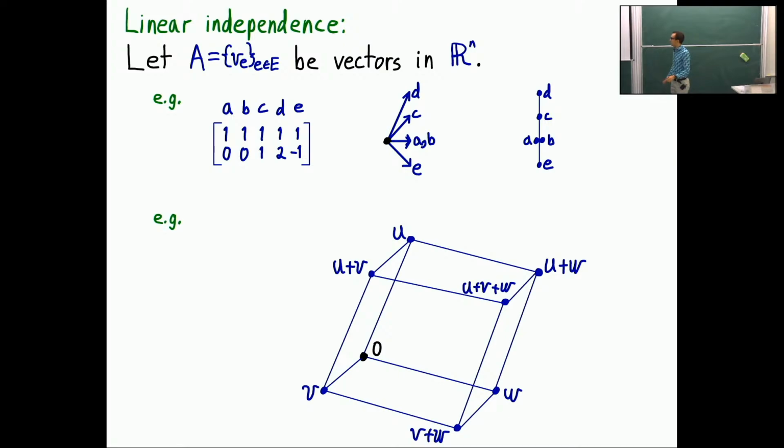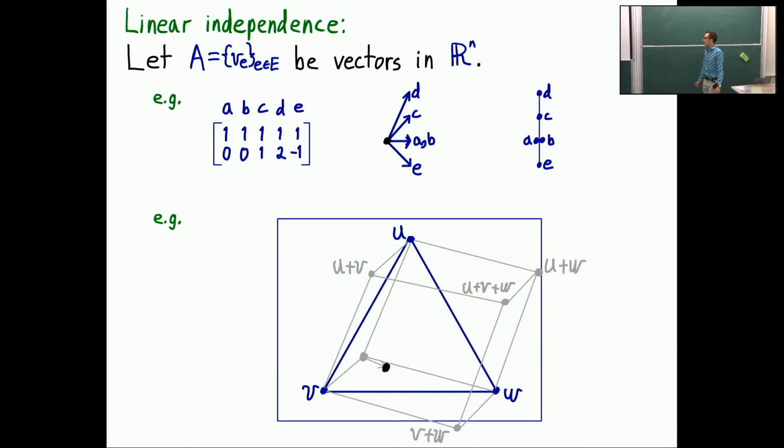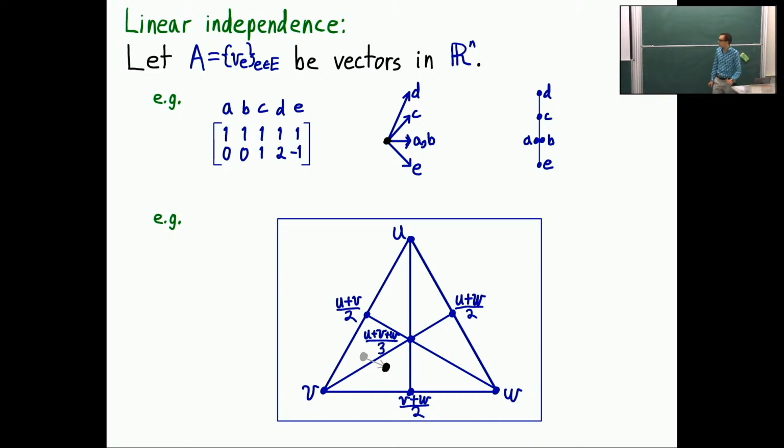To make this drawing shorthand clearer, I'm considering vectors u, v, and w in R3, and I've considered various sums. They sit in an affine plane in R3, and I scale all the vectors so that they lie on this plane. The lines that I described really are lines in this drawing.